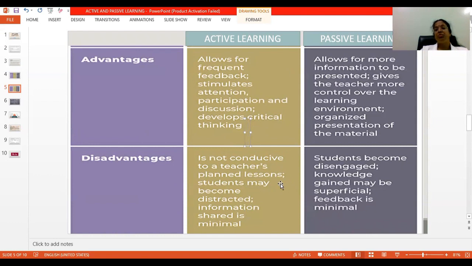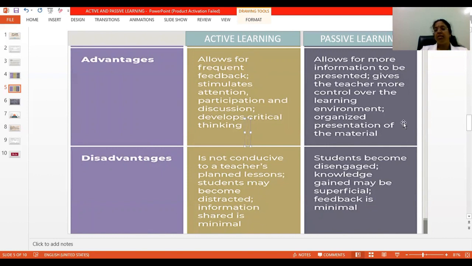Sometimes, due to the activity involved in a particular lesson, the teacher or the students get diverted from the content which is supposed to be delivered, and it becomes distracted. The information shared at a particular time may not be maximum, but the depth of the knowledge will be high when the students are involved in active learning.